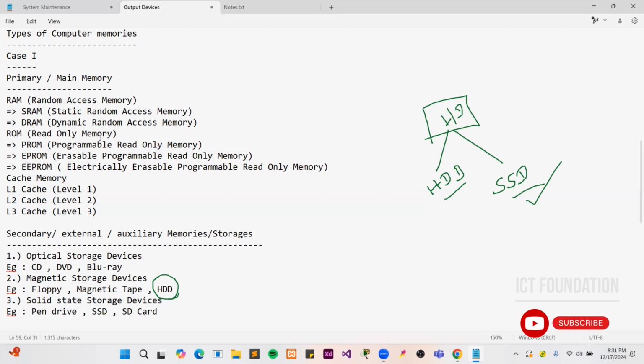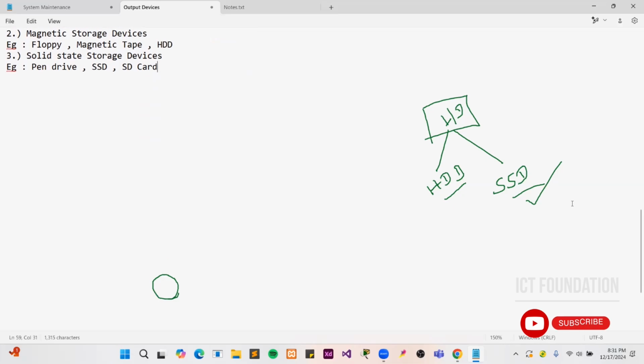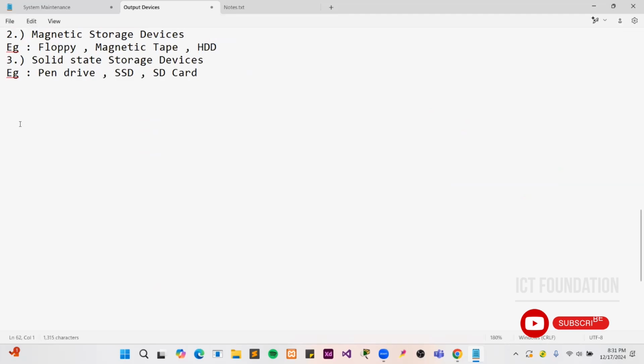When we come to case 2, there are several memory types available, but in case 2 we will consider volatile and non-volatile memories. First, the volatile memories.